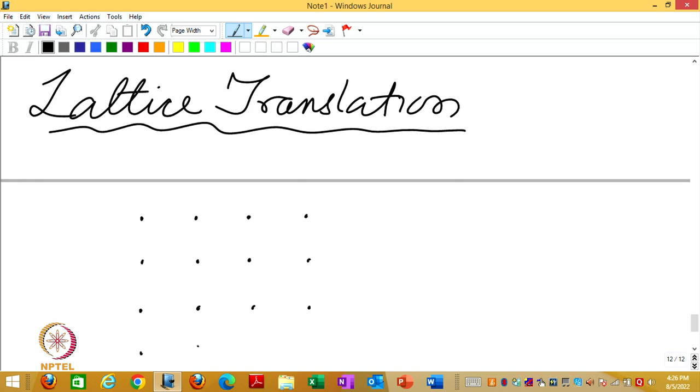So, let us say that I have a set of lattice points. I do not know what is being repeated. Currently, I am focused only on how it is being repeated. So, my focus is on lattice.